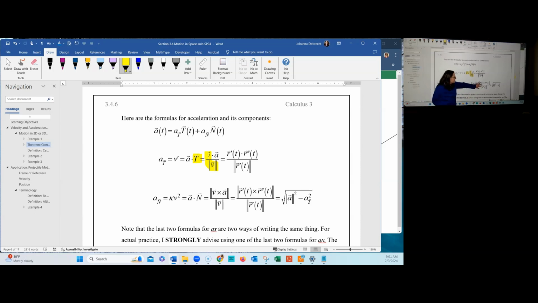Now, this fraction and this fraction are identical. Remember that the velocity vector is r prime of t and the acceleration vector is r double prime, and again, this gives us the same relationship. The last expression is different again, but equivalent to the previous ones. In some cases it can be easier to compute if you've already found the tangential component of the acceleration.